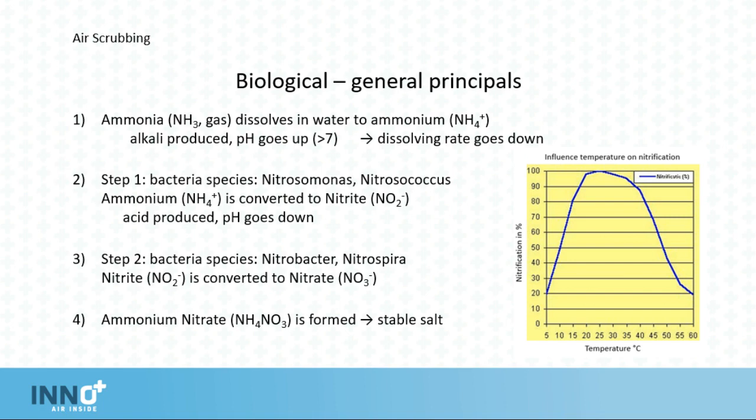A small note to the side is that step 3 is not always taking place or not fully taking place, which means that only nitrite is formed. And this is not a problem because ammonium nitrite is also a stable salt and also a fertilizer.